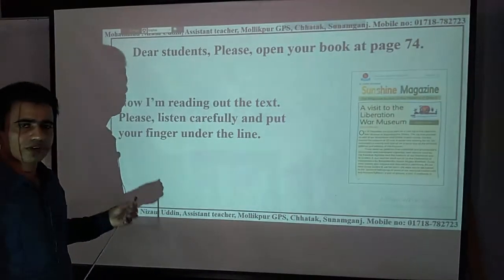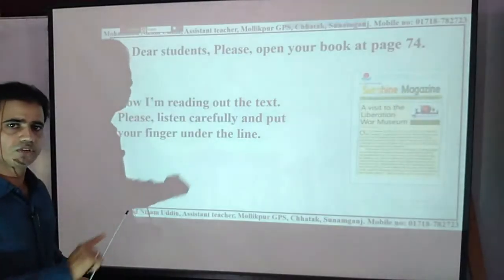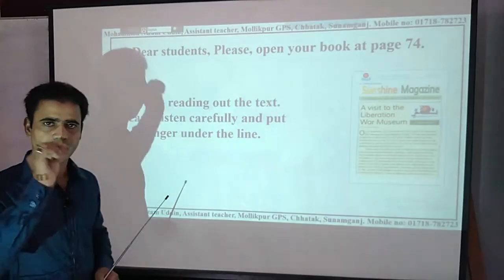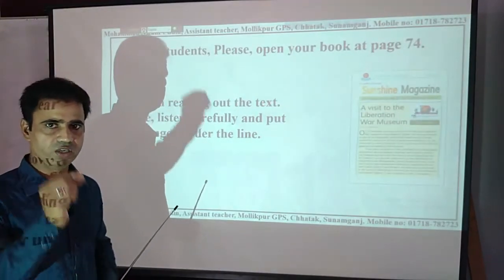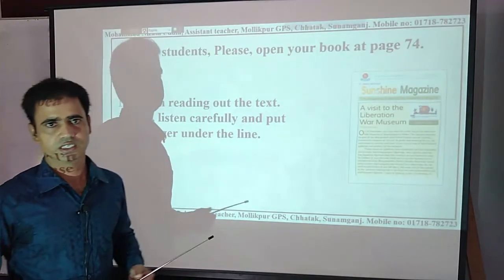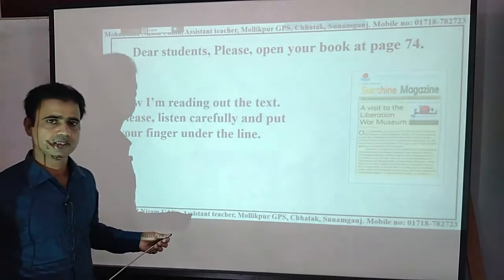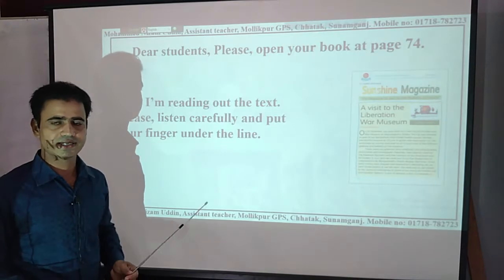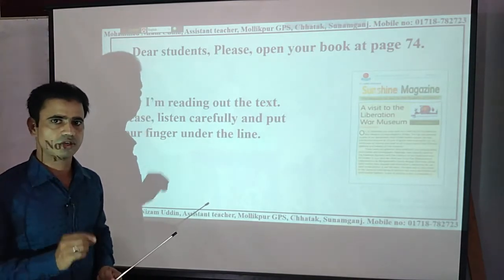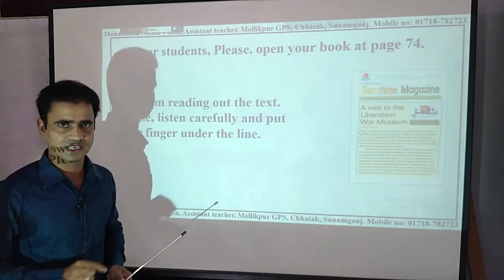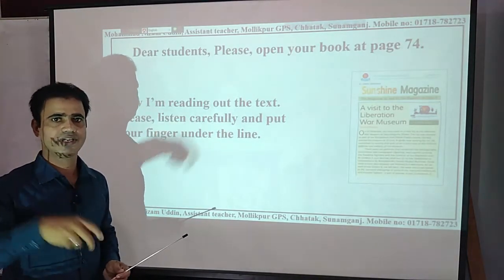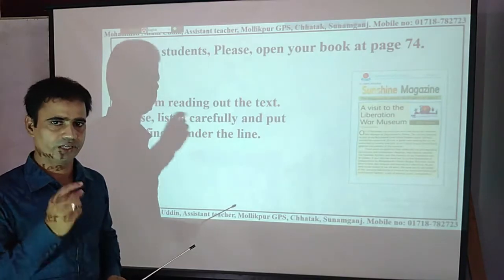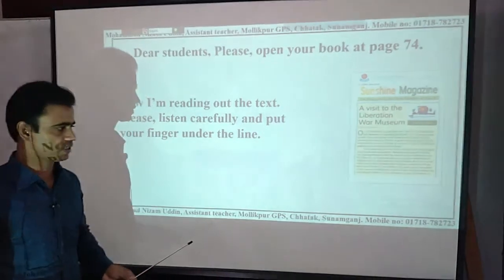You just listen carefully and put your finger under the line, and at the same time you will try to find out the new and unknown words. While I'm reading the text, you will mark or underline the new words, because after finishing my reading, we'll discuss the new words. Okay, so let's get started.